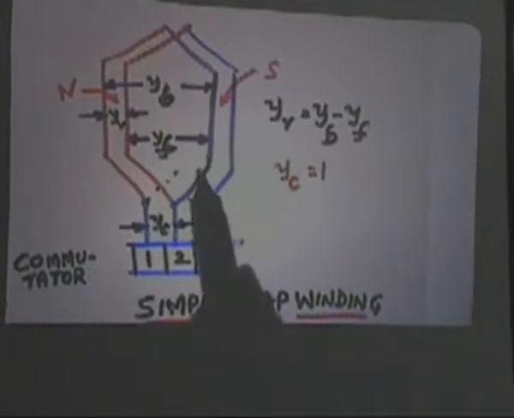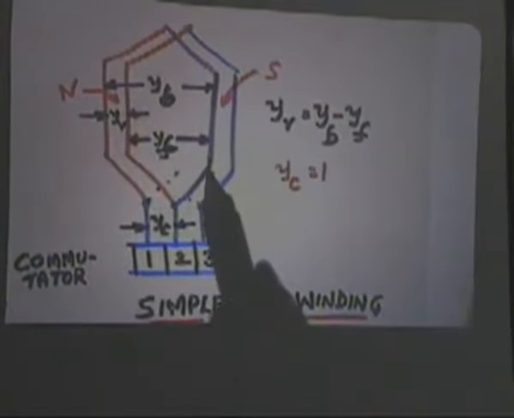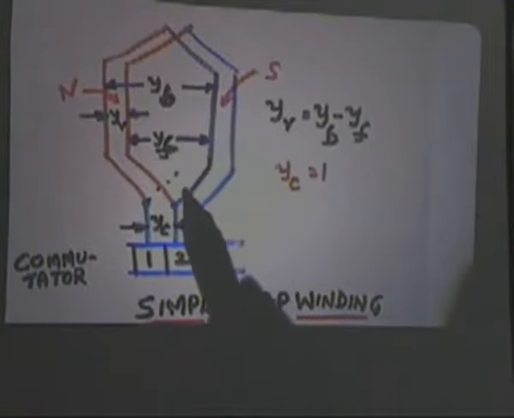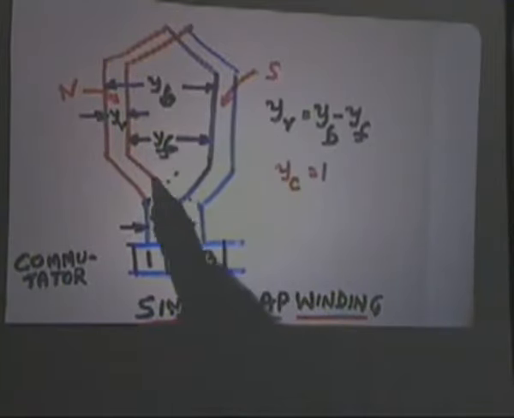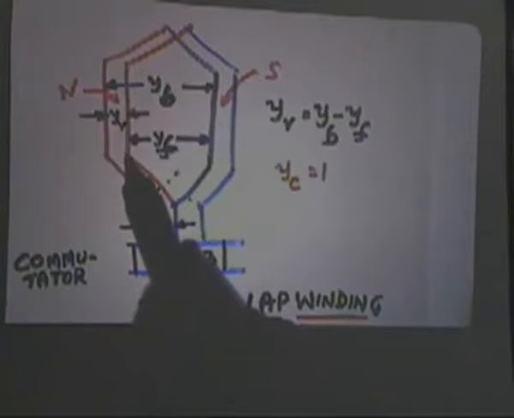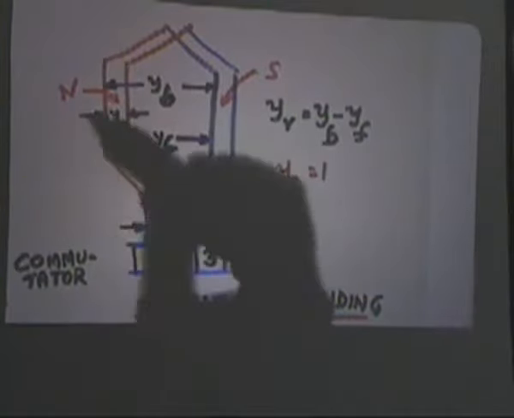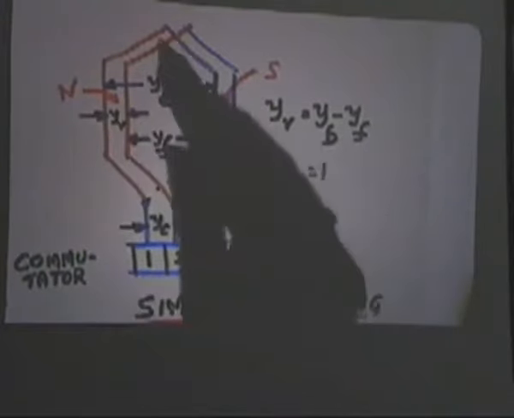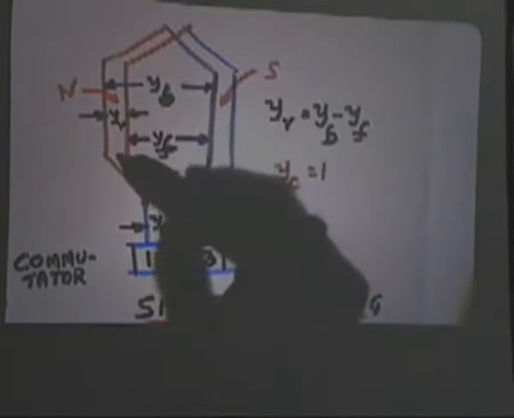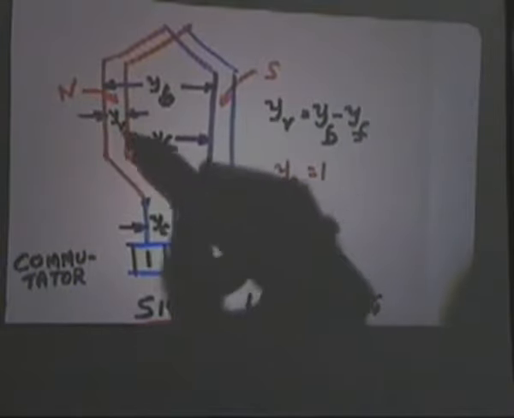And after this turn is over, this coil side is over, then it comes back under the same pole. So if you have north pole here, south pole here, this coil side comes back to the same pole, so connected to another coil side here.